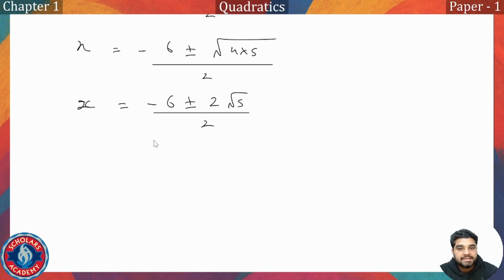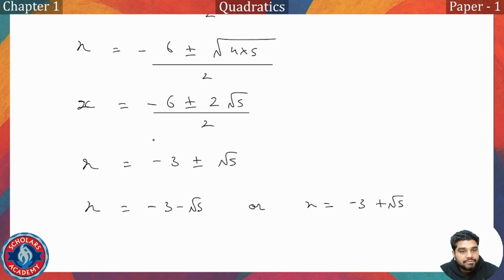We divide 6 and 2 root of 5 by 2. We get x is equal to negative 3 plus minus root of 5. So we get one value of x, that is negative 3 minus root of 5, or another value, that is x is equal to negative 3 plus root of 5. So these are the two values of x.